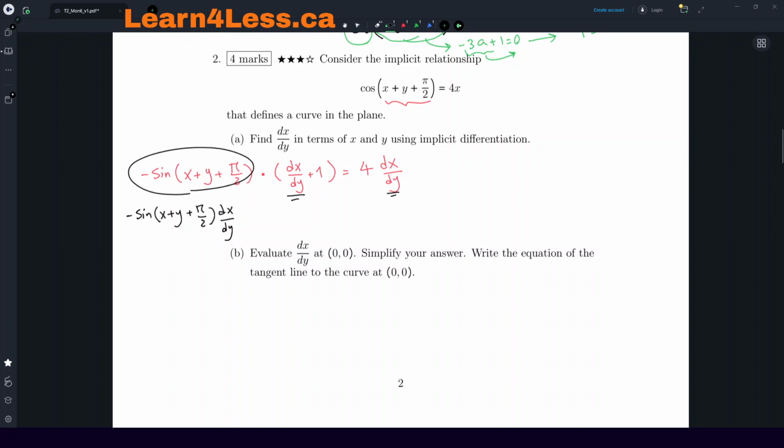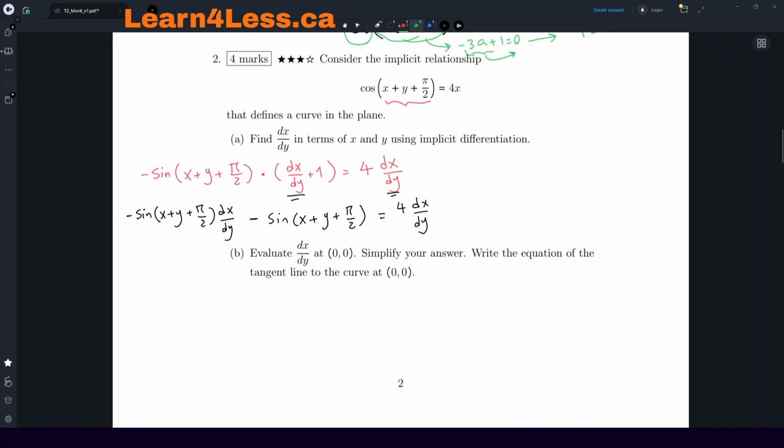And now I multiply by the second term here, which is negative sine of x plus y plus pi over 2. And on the other side we have 4 dx over dy. Now I move and collect all the dx over dy on one side.